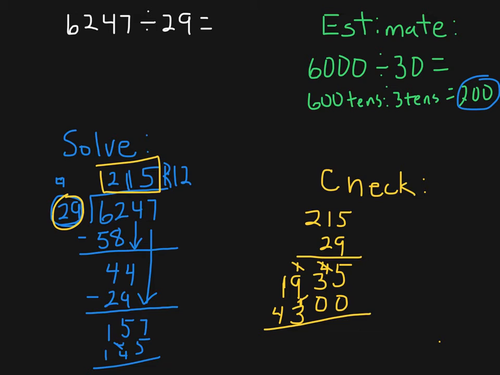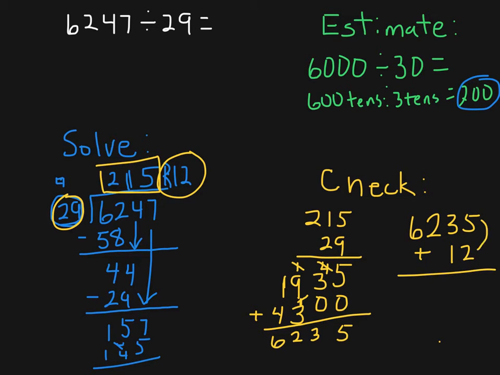So I'm going to add everything together now. 5 plus 0 is 5, 3 plus 0 is 3, 9 plus 3 is 12, carry the 1, and I have 6,235. And of course, my last step is to add in my remainder of 12.